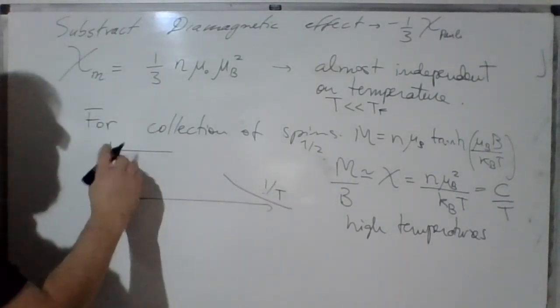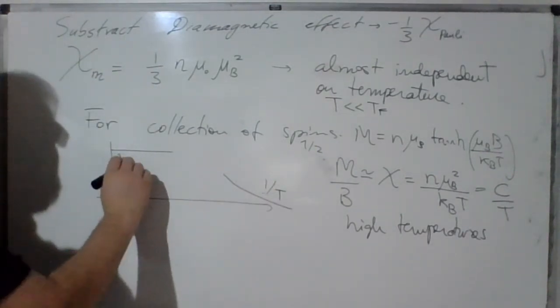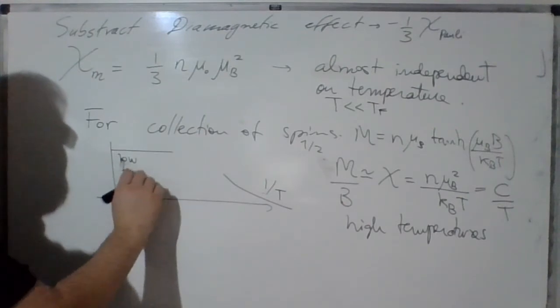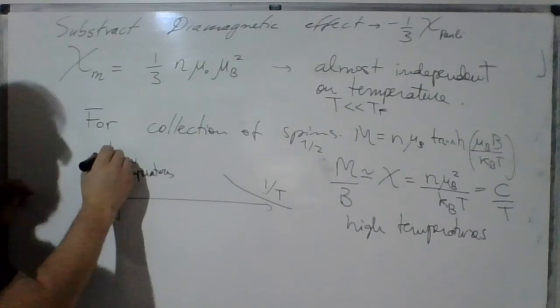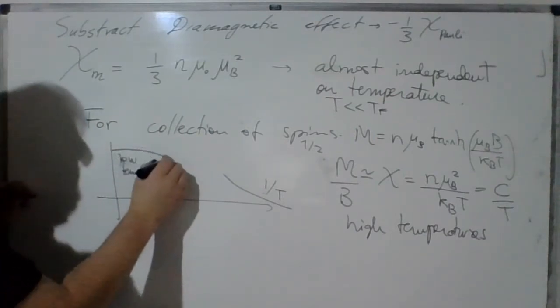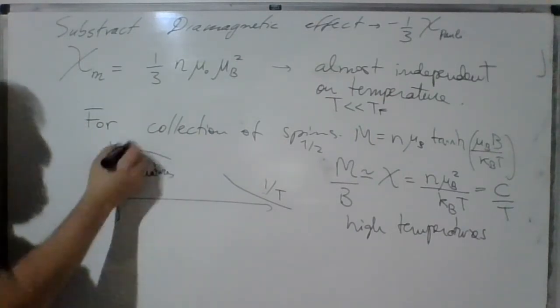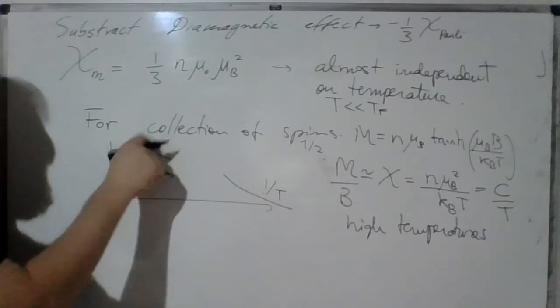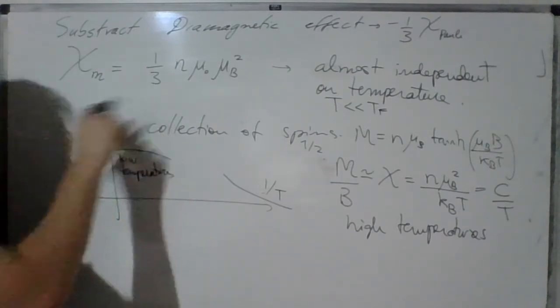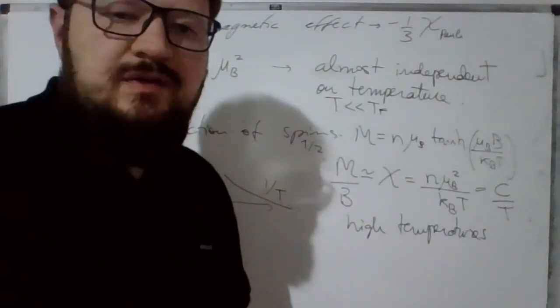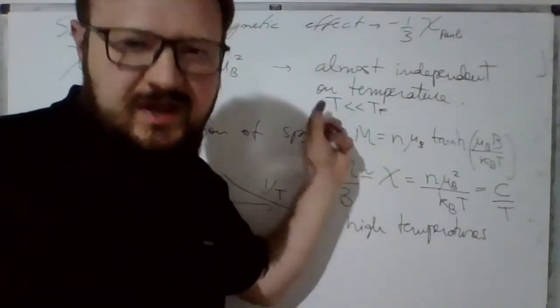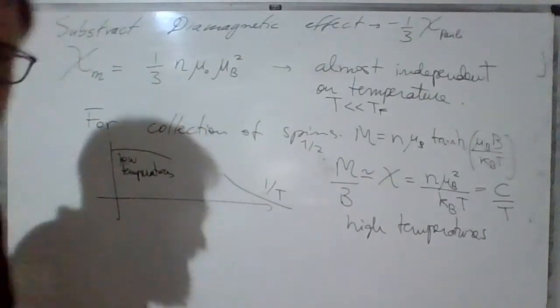So for low temperatures, it will fall like this, the square of the temperature, if you calculate a Sommerfeld expansion. It's tricky to calculate this thing here, okay?